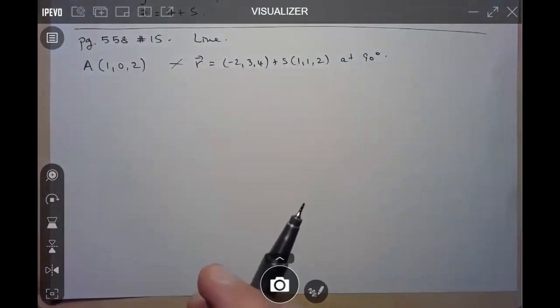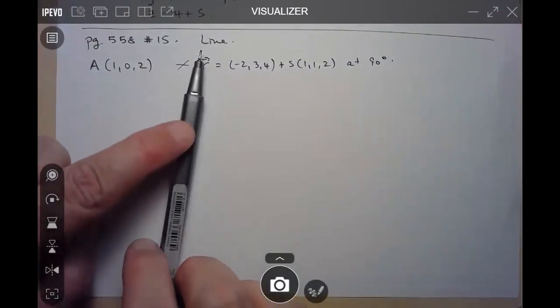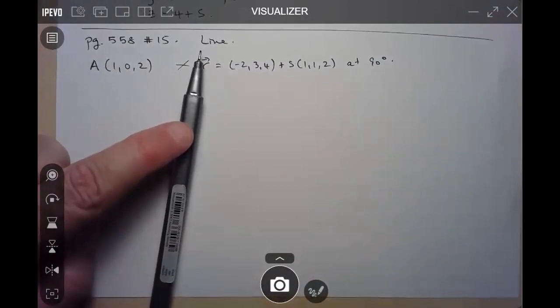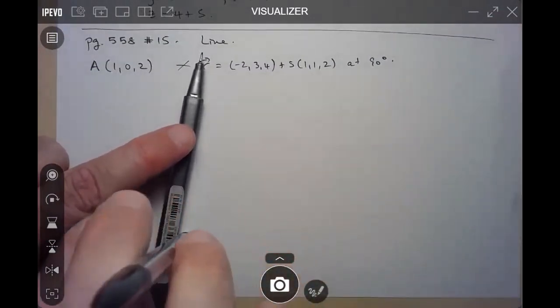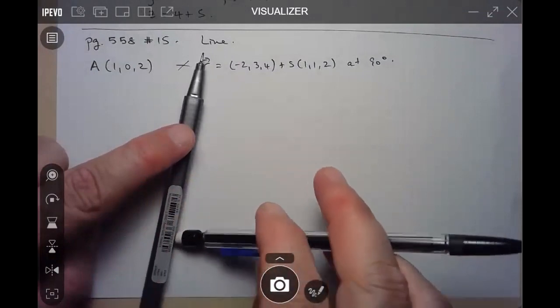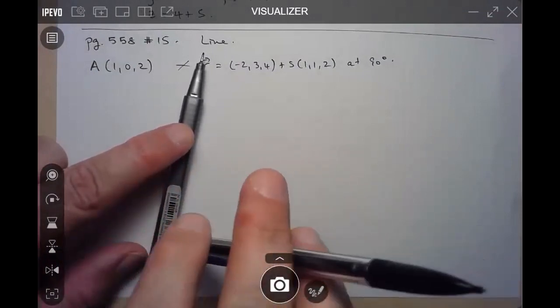So I'm looking for a line that contains some point and has to be perpendicular to some other line. But the thing is that there's lots of lines that are perpendicular to that line there. So it can really go in any direction.